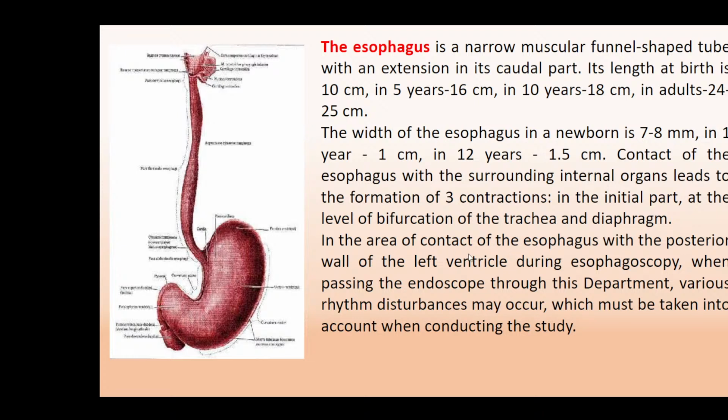In the area of contact of esophagus with posterior wall of left ventricle of heart, during esophagoscopy, when passing the endoscope through this part of esophagus, various rhythm disturbances may occur, which must be taken into account when conducting the investigation.